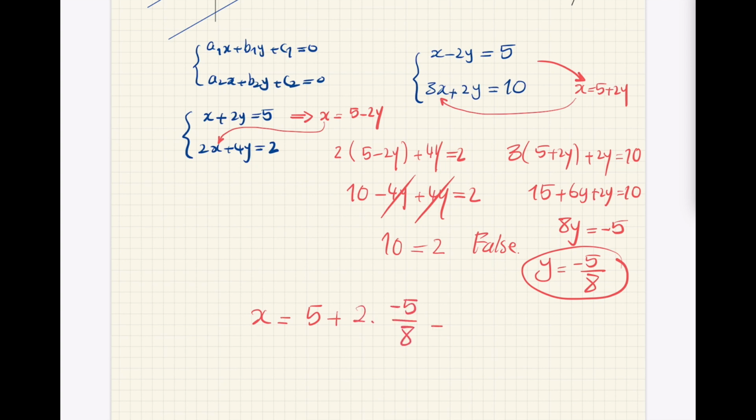And then I have to simplify that. So this becomes 5, and then this 2 and that 8 are gone, so it's minus 5 over 4. And of course I can use fractions, so it becomes 20 minus 5, so it is 15 over 4. So that is the other answer.